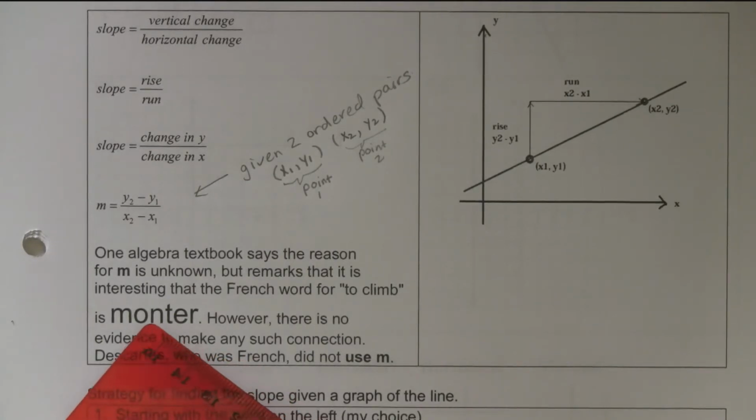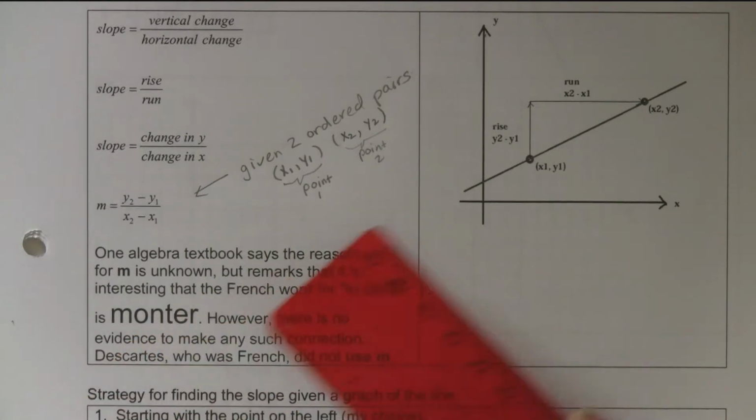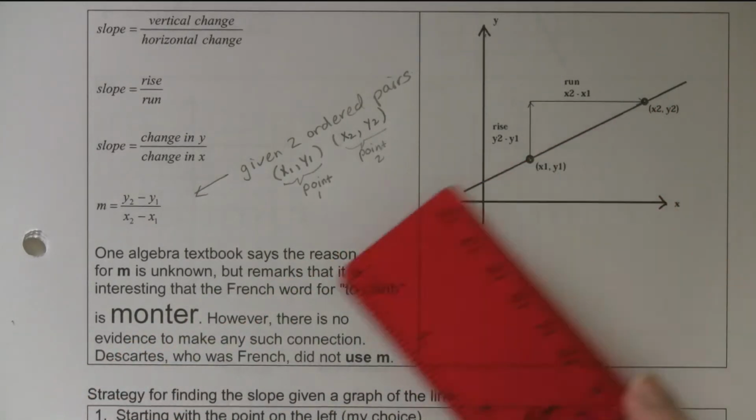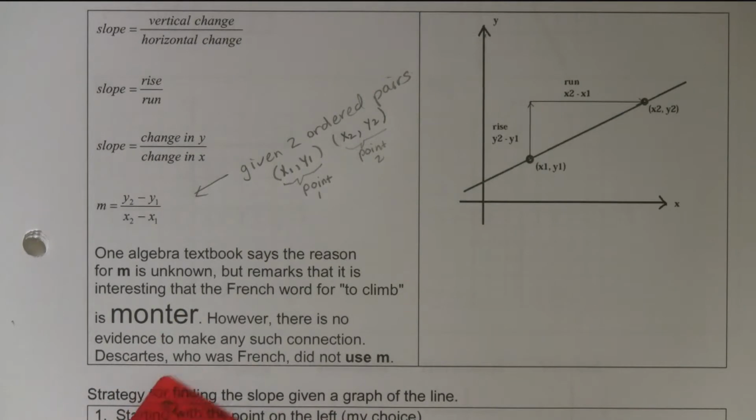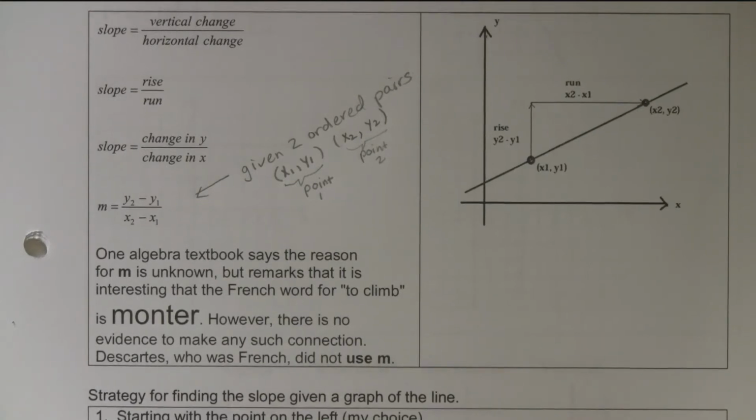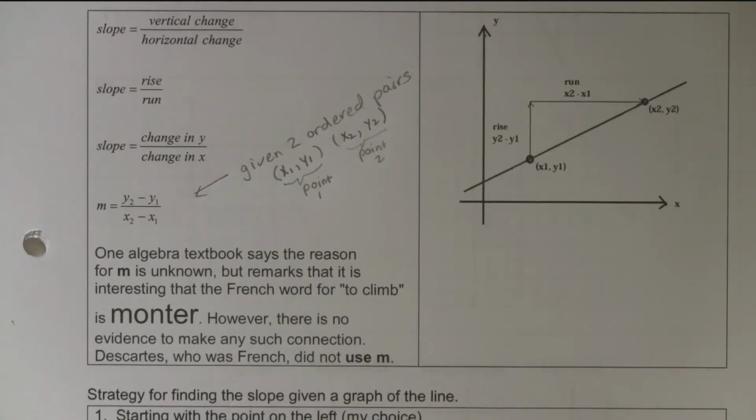The French word for to climb, which slope kind of goes with, starts with an M. It's said that Descartes never used M for slope, but there's evidence that his followers did. So possibly that's where the M in slope came from.